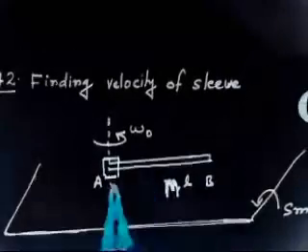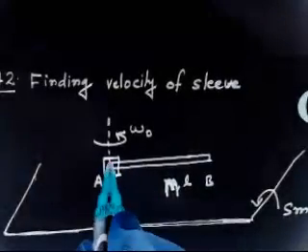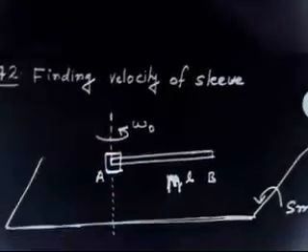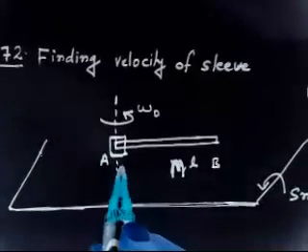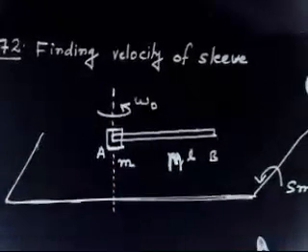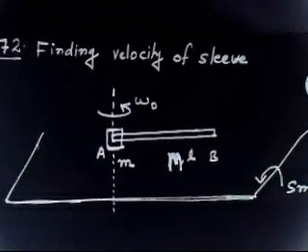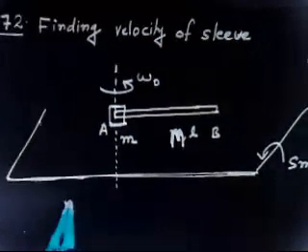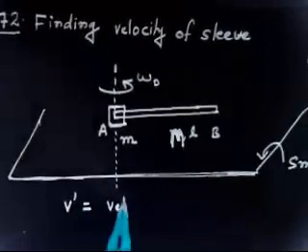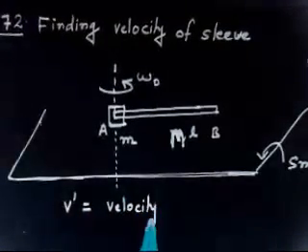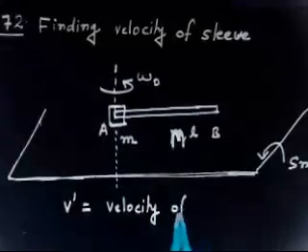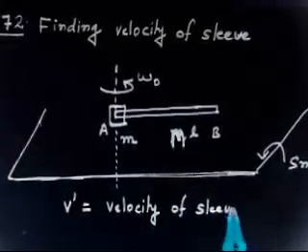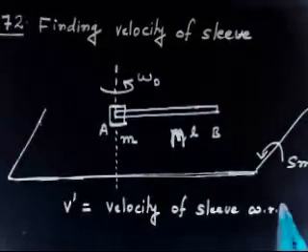Initially the sleeve is kept at point A and the mass of the sleeve is m. Find the velocity of the sleeve relative to the rod when it reaches the end B. So we have to find V dash, that is the velocity of the sleeve with respect to the rod.